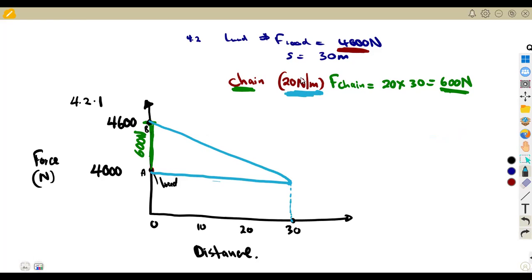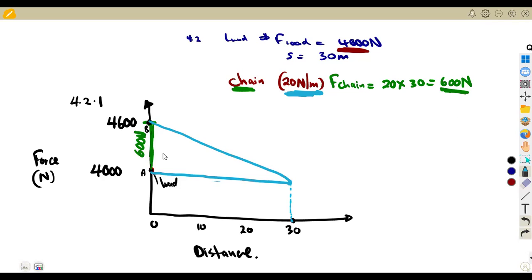At 1 meter, the force is 20. At 2 meters, the force is changing. So at 30 meters, it is going to be 20 times 30, which is 600. It is changing per meter, but the force is given this side. You don't see it this way, okay? That is the idea there.